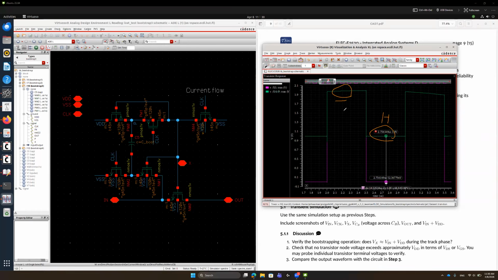This is a tracking phase. So during the tracking phase, we are boosting our high voltage nodes, VP and VX, over VDD. So this is the dangerous situation. We have to take extra care. So during this phase, the VP and VX nodes are short-circuited.